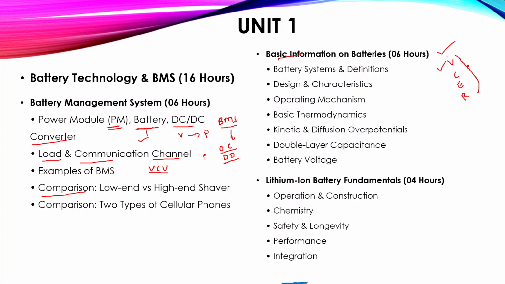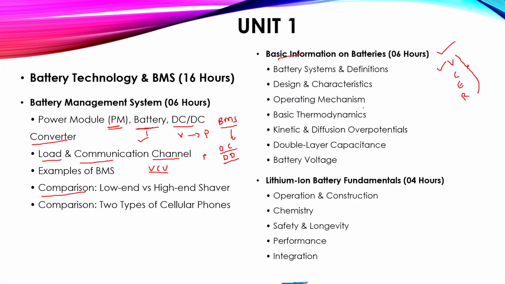Now, the double layer capacitance also exists at the electrode electrolyte interface, which will affect the transient behavior of the overall battery. Now, understanding these parameters is essential for designing an effective BMS.